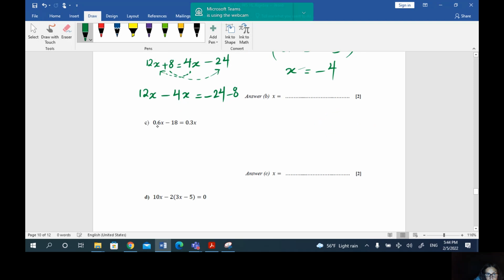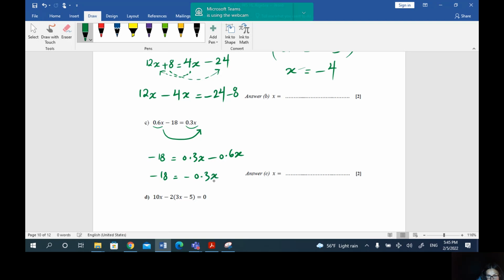Same applies here. 0.6x minus 18 is equal to 0.3x. So these are the same. We're going to send this to this side. So what is left here? Minus 18 on the left side is equal to 0.3x minus 0.6x. 0.3 minus 0.6, the answer will be minus 0.3x.